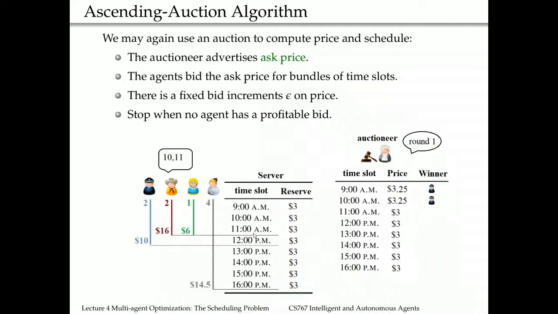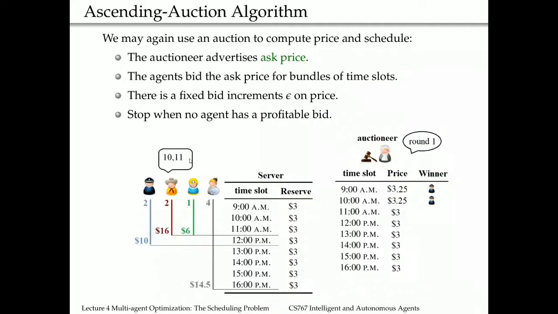The second agent also wants to finish the job before the deadline, which is up to 11 a.m. And of course, since he's rational, he wants to bid on the time slots with the lowest price so far. There's 11, which is $3, and then he has to choose one of these 2. It doesn't really matter.